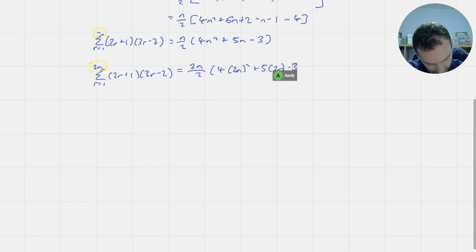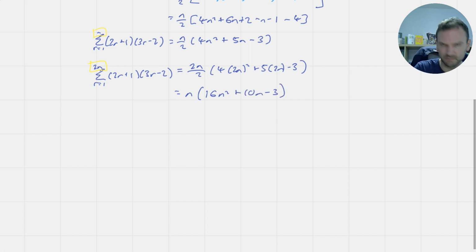Well, that doesn't have an n to worry about. And then let's go through and just be careful dealing with that. So that's just n. 2n all squared is 4n squared, so there's going to be 16n squared plus 10n minus 3. And I don't think that factorizes at least. Okay, so if you get a question like that, then you can use your previous answer and just replace your n's with 2n's in every part there.